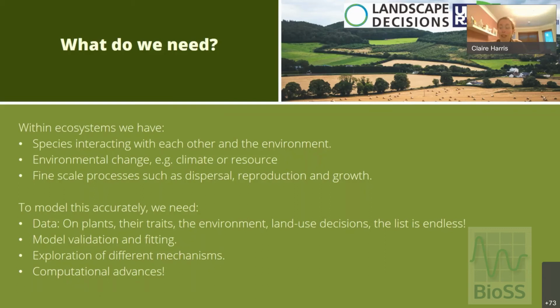And then finally, none of this that we've done so far would have been possible without the computational advances we've had in recent years, both in terms of hardware and software. Mostly all of the code was written in Julia.